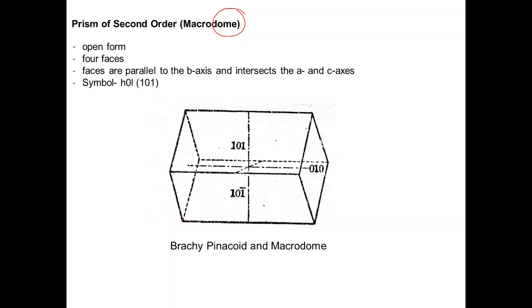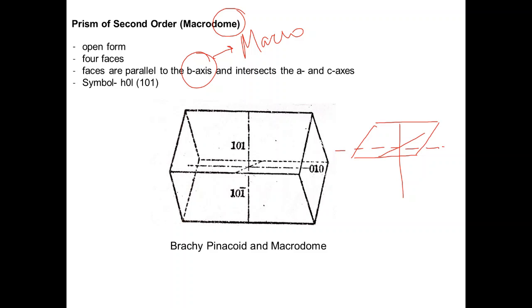All right. So very simple: it is an open form where the faces are parallel to the macro axis. The b axis, remember, is the macro axis, and the face is running parallel to it. See this, if we simply open this, this is one of the faces, this is the c axis, this is the a axis, and it is running parallel to the b axis.